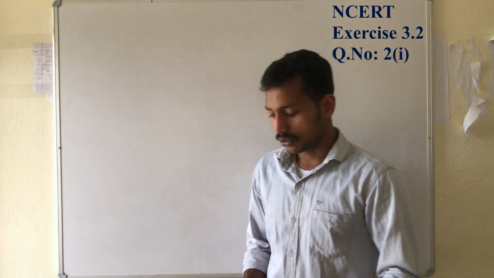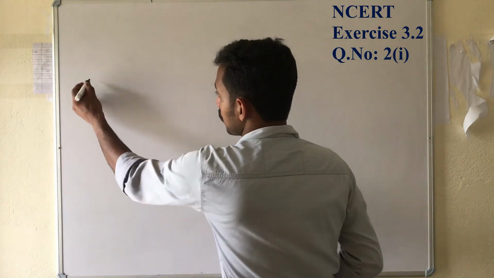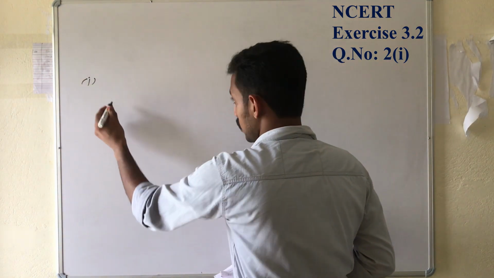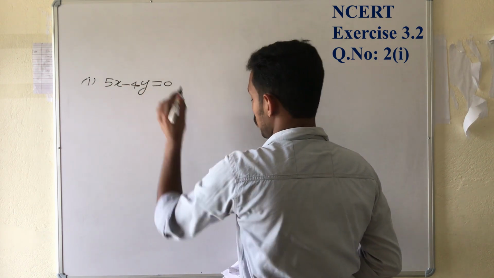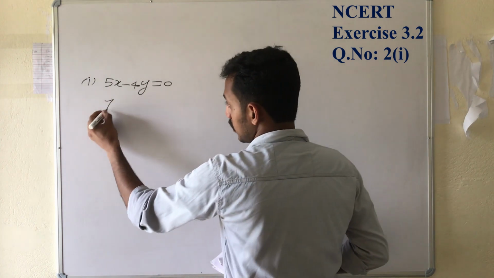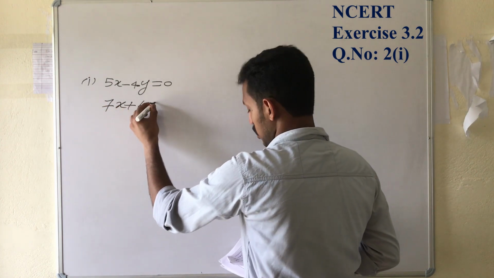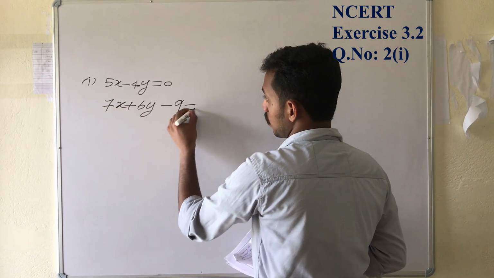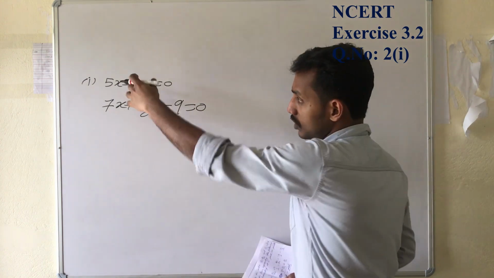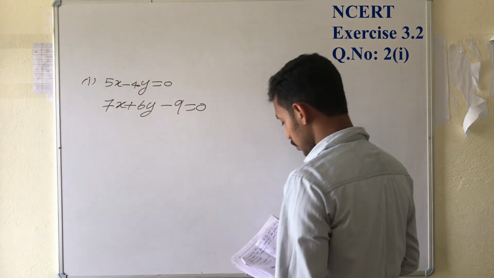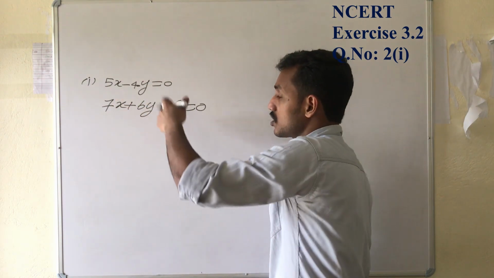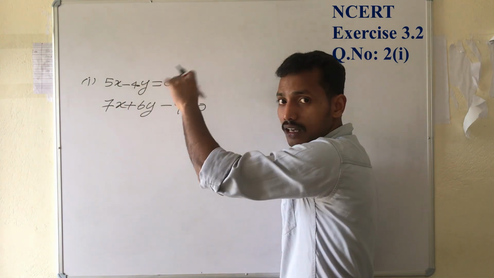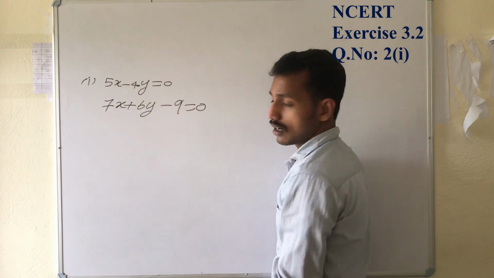Okay, so I am taking option number 1. 5x minus 4y is equal to 0, and 7x plus 6y minus 9 is equal to 0. These are the two linear equations given, and on comparing the ratios of coefficients, we just need to find whether it has intersecting, coincident or parallel lines.